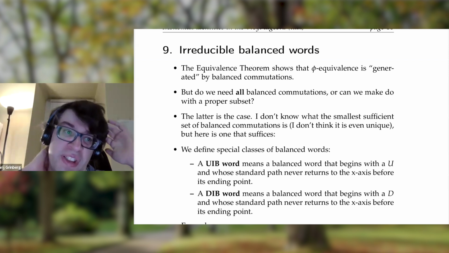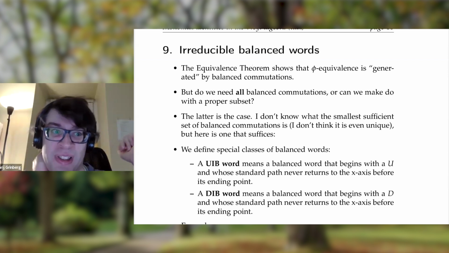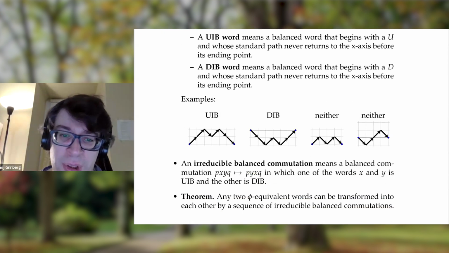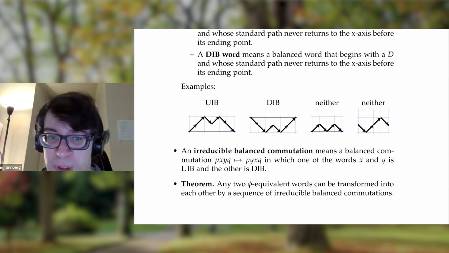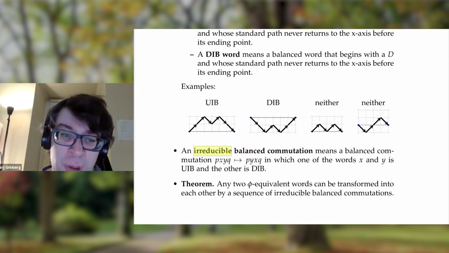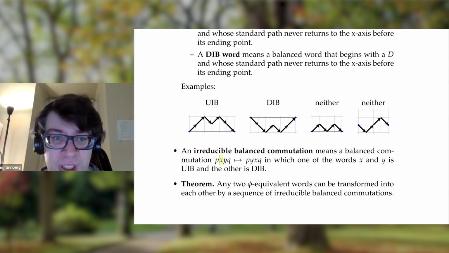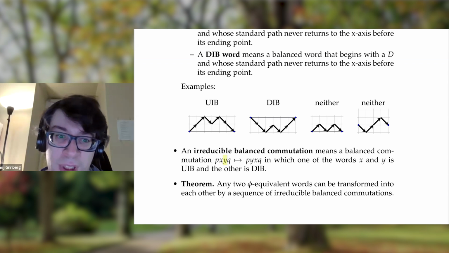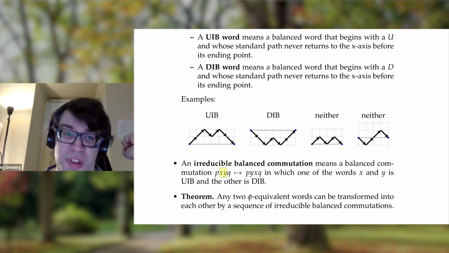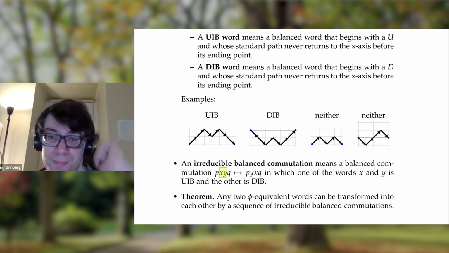I don't know what the smallest set is, or even if there is a smallest set, or there are several options, but one thing that you can do is, instead of requiring all balanced commutations, you require the irreducible balanced commutations, where you only commute two balanced factors if one of them begins with a u and the other begins with a d. So either x begins with u and y with d, or vice versa. And also they are irreducible, so they don't intersect the x-axis before their ending point.